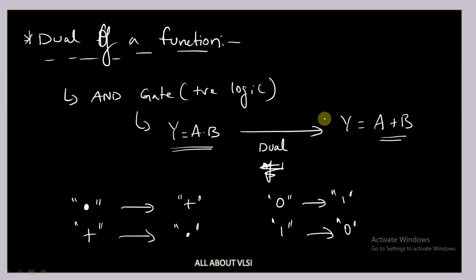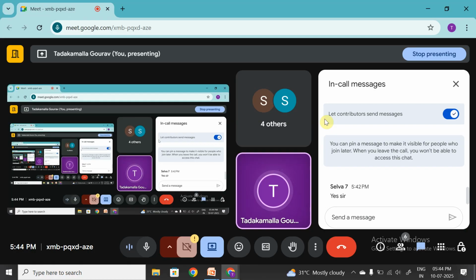So can I say that if I perform the dual of a function, it is converting your positive logic to negative logic? Am I right or no? Yes or no? It is basically converting your positive logic to negative logic.